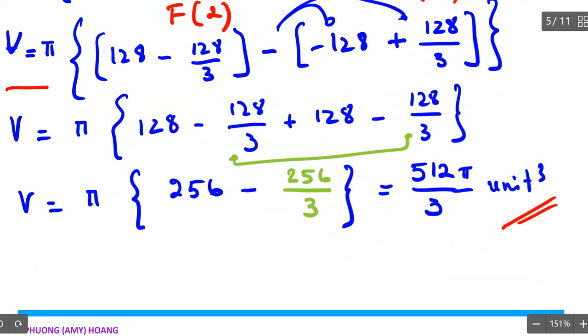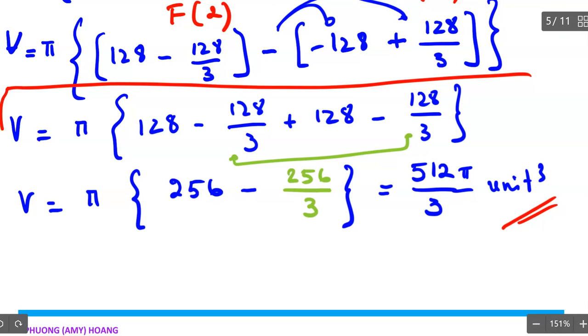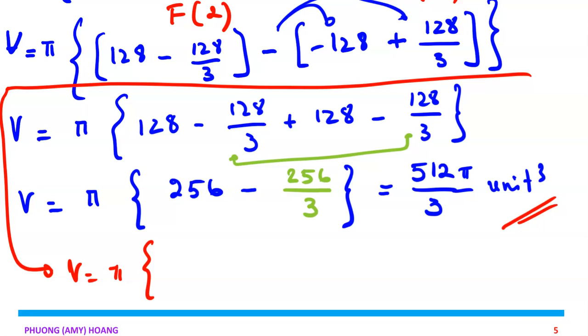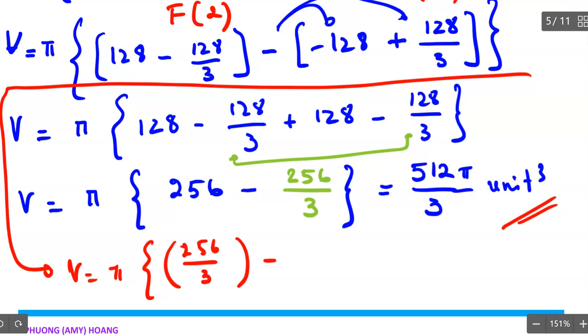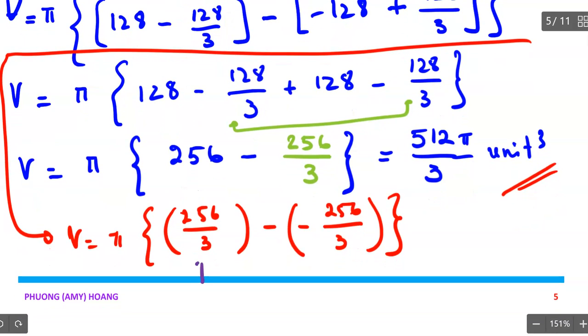Okay, so let me draw this, and then I will write it here for everyone. V equal to pi, and if I post the solution and I have something like this, so that means I have 256 divided by 3 subtract negative 256 divided by 3. Okay, so that means here I am asking everyone to indicate to me the f of 2 and the value of f of -2.